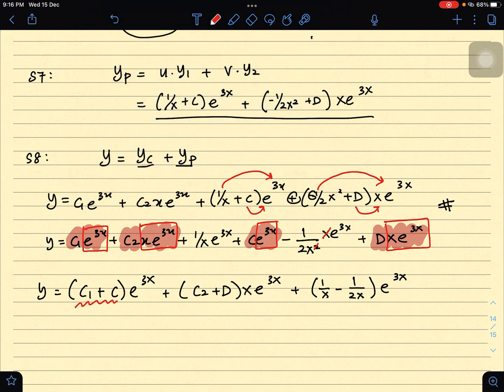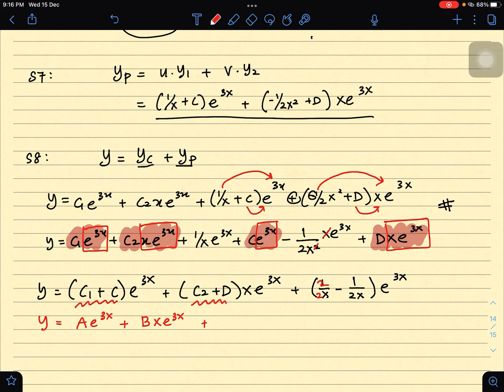Constant tambah constant adalah constant. So kita boleh letak dia sebagai A exponent 3X. Constant tambah constant adalah constant. Letak dia sebagai satu constant B X exponent 3X. Yang ini awak samakan penyebut, darab dengan 2. Atas pun darab dengan 2, dapat 2. So 2 tolak 1/2X.